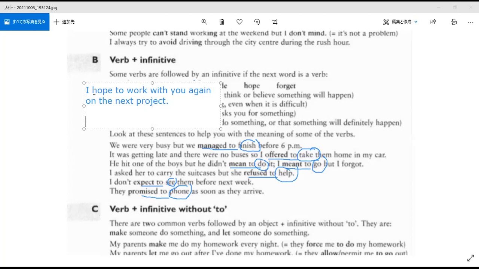Okay, it didn't sound right grammatically, and also like if you omit the to in Indonesian, it becomes like this. Saya berharap, if with to, I hope to work with you again on the next project. Jadinya itu, saya berharap untuk bekerja sama denganmu lagi di project berikutnya. If you omit the to, saya berharap kerja dengan kamu lagi di project berikutnya.